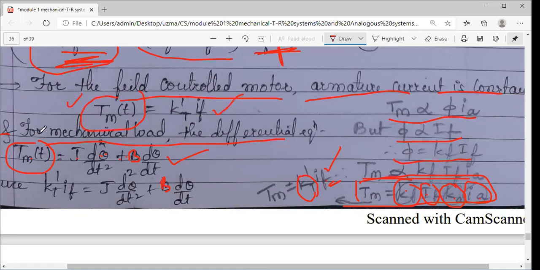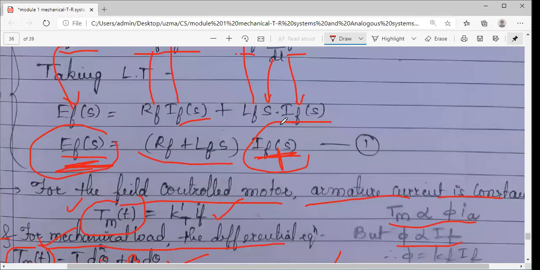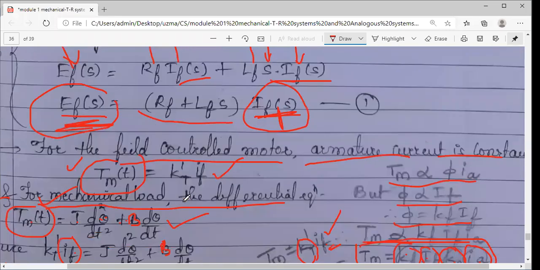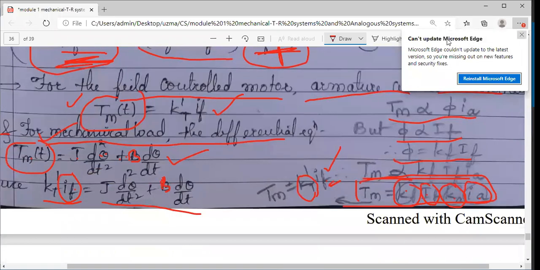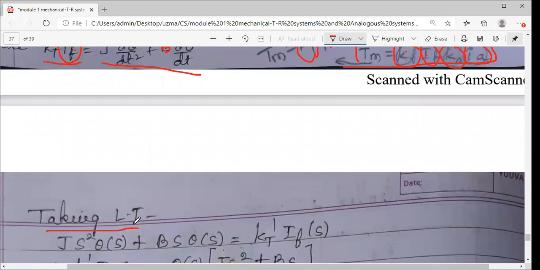So these are the two torque equations we have. I can equate them. If I equate both, the torque goes away, since both left hand sides are equal. On the right hand side, I will get one current term here, which I can replace. But before proceeding further, let me take the Laplace transform.